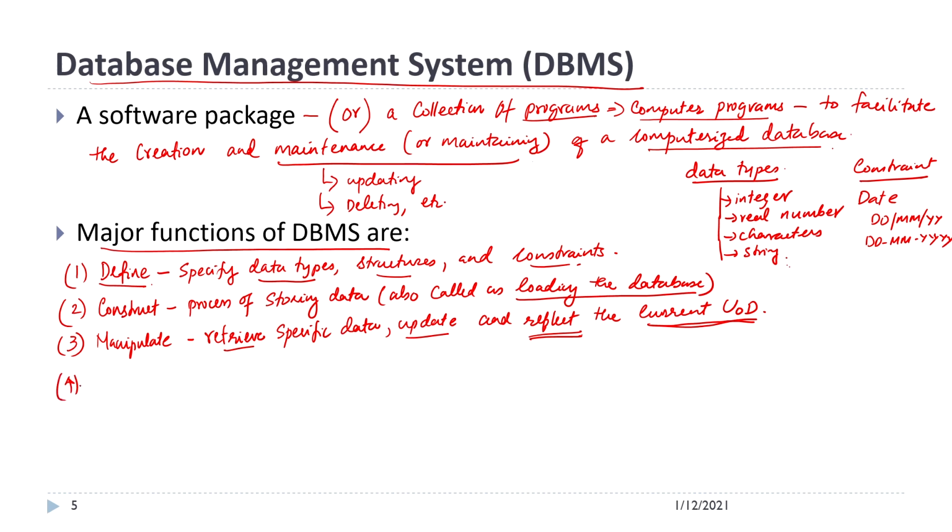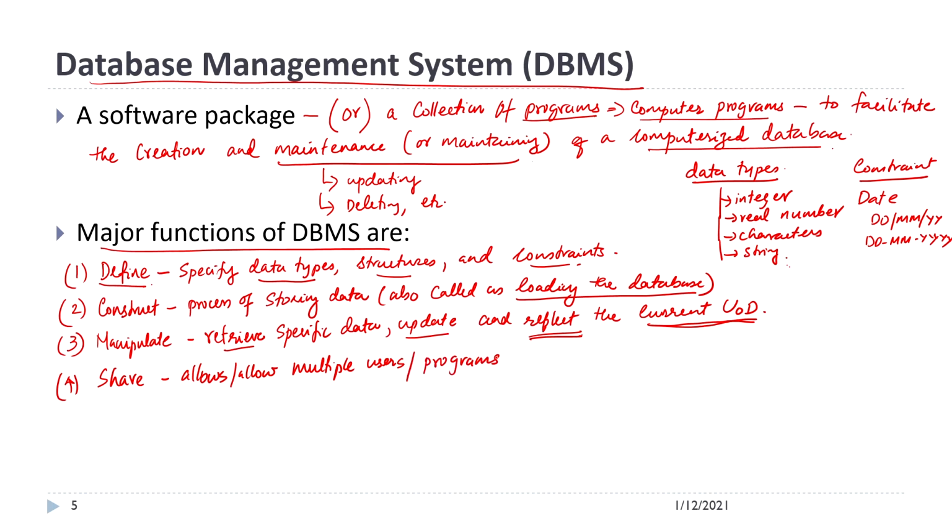Then the fourth major function is known as, let us call it, share for the time being. So, what does share mean? It allows multiple users, can also be a single user, multiple users or programs.